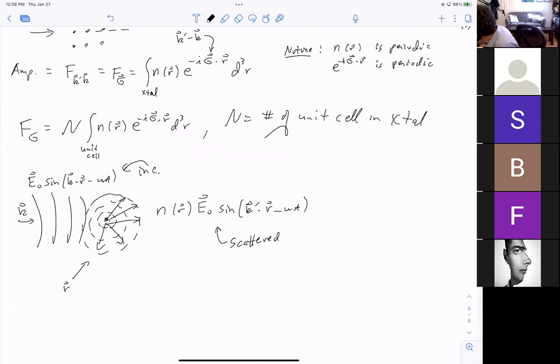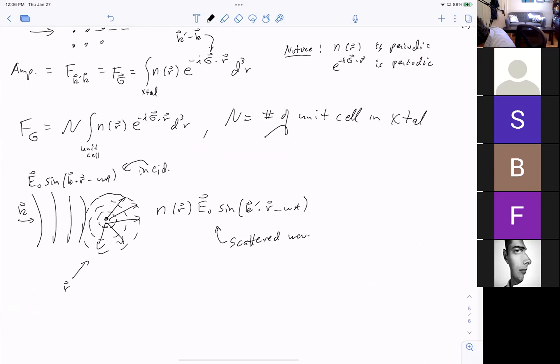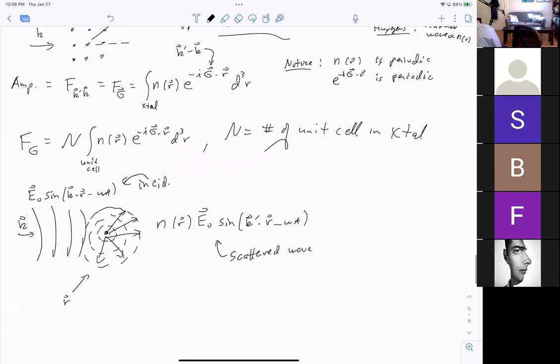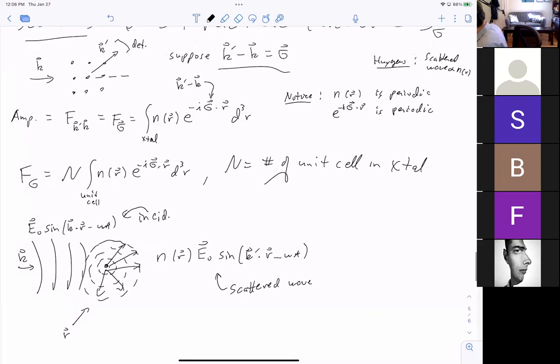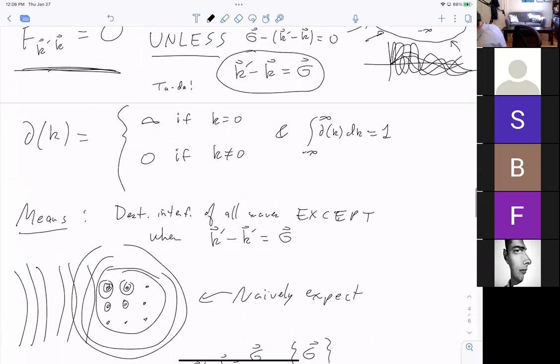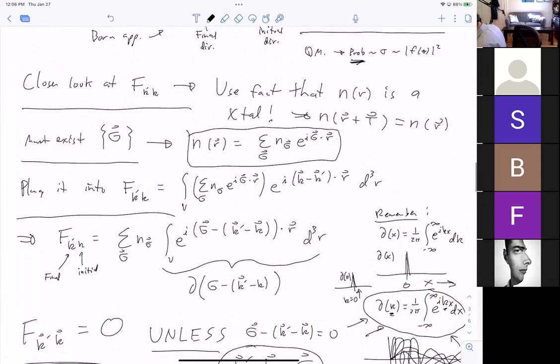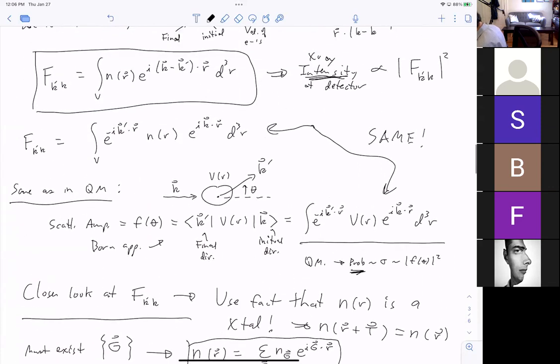Probably. I just noticed that in the formula of F of G, if I replace N of R with the potential V, we just get Fermi's golden rule, and I'm wondering whether there is some relationship between N and V. Yes, that's the relationship that I described to you before. Look back here, when I drew this and I said the Born approximation?